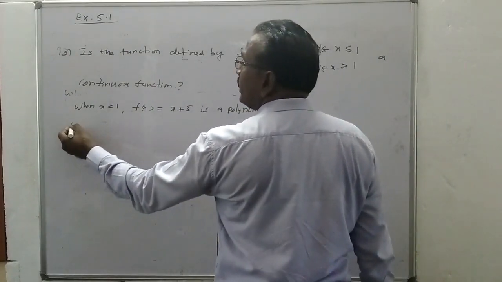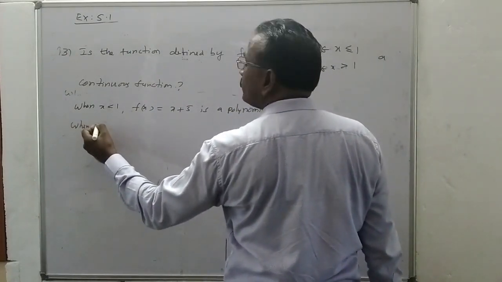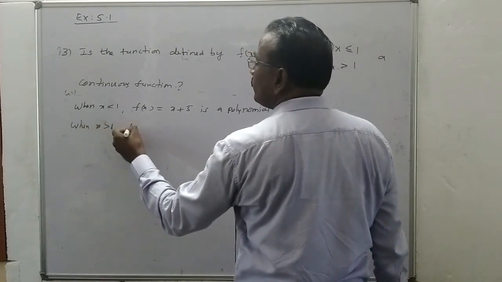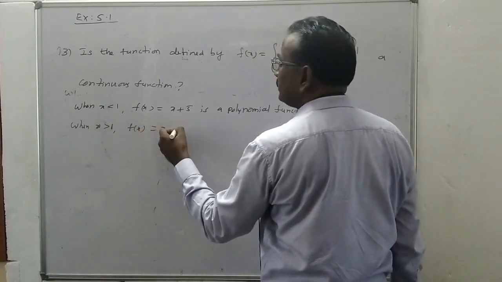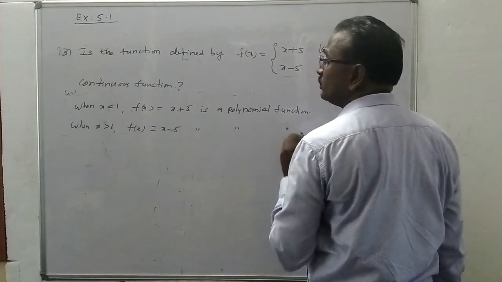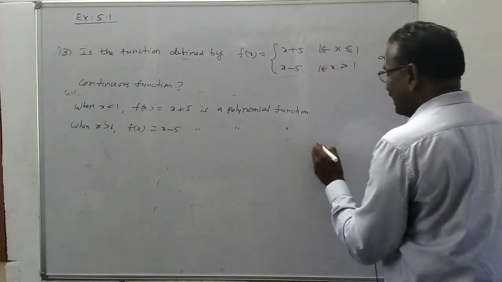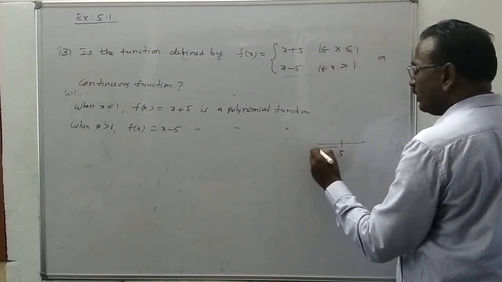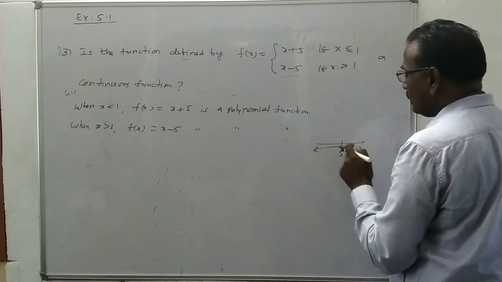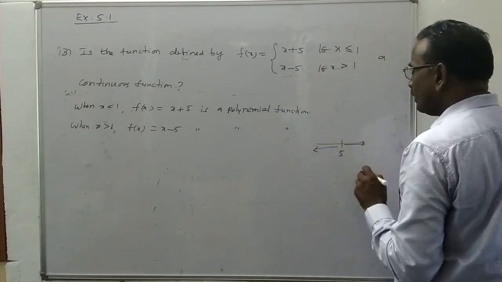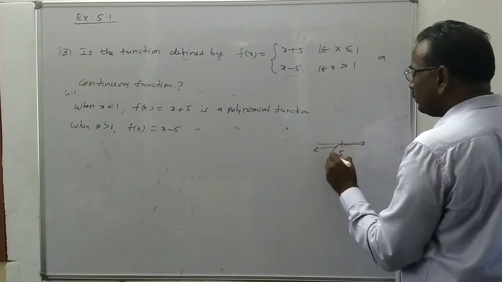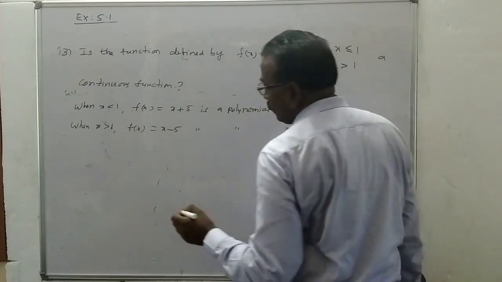Next, when x is greater than 1, f of x is x minus pi, which is a polynomial function. So less than 1 it is continuous because f of x is a polynomial, and greater than 1 it is a polynomial, so it is continuous. We need to check the continuity at x equal to 1 only.